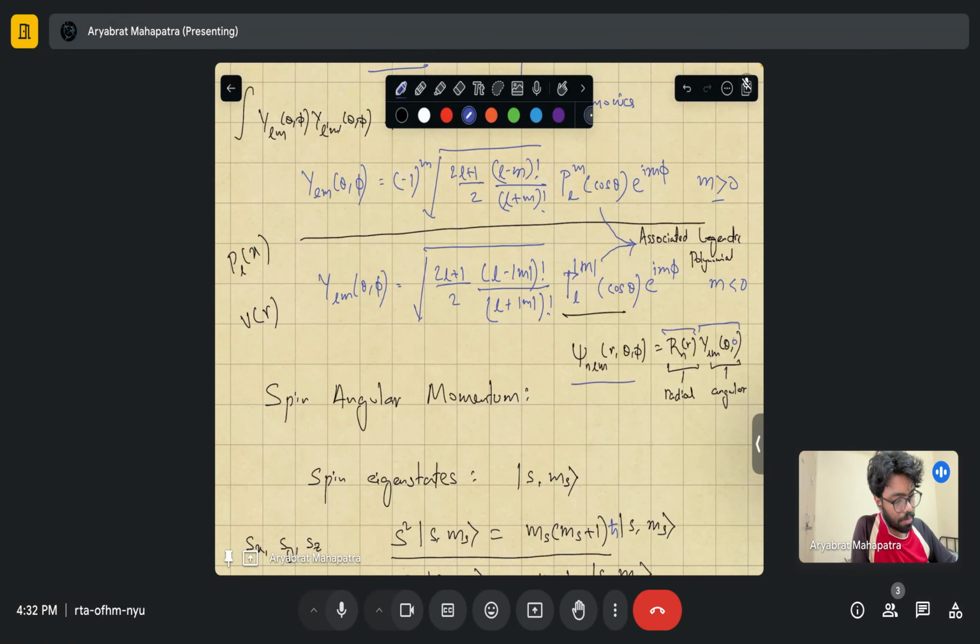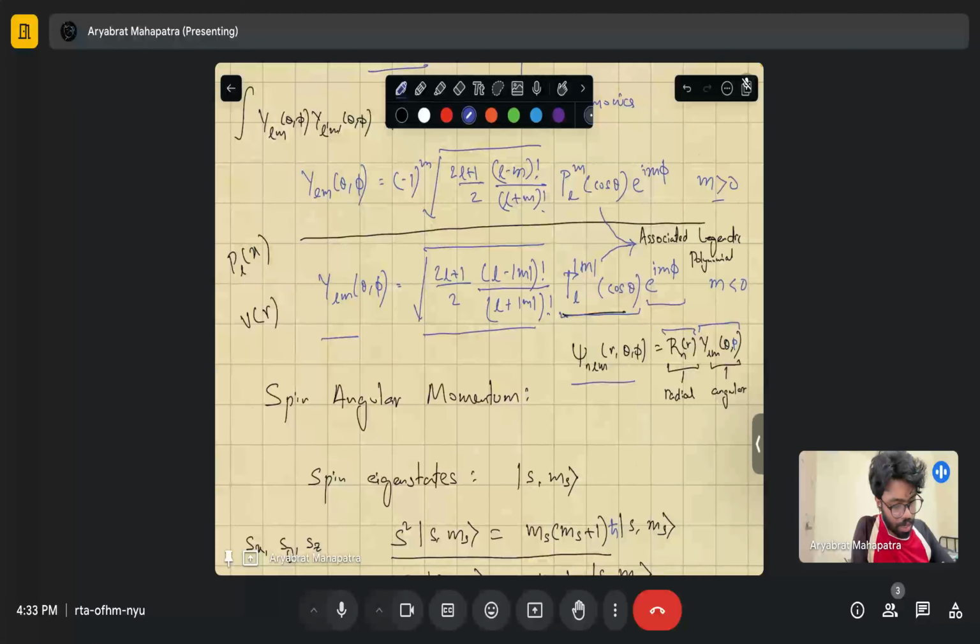This Ylm is basically the angular part of the three-dimensional quantum system you are trying to solve for. It has a normalizing constant, a theta-dependent part which is the associated Legendre polynomial, and a phi part, which is simply a kind of phase factor, the exponential of i m phi.